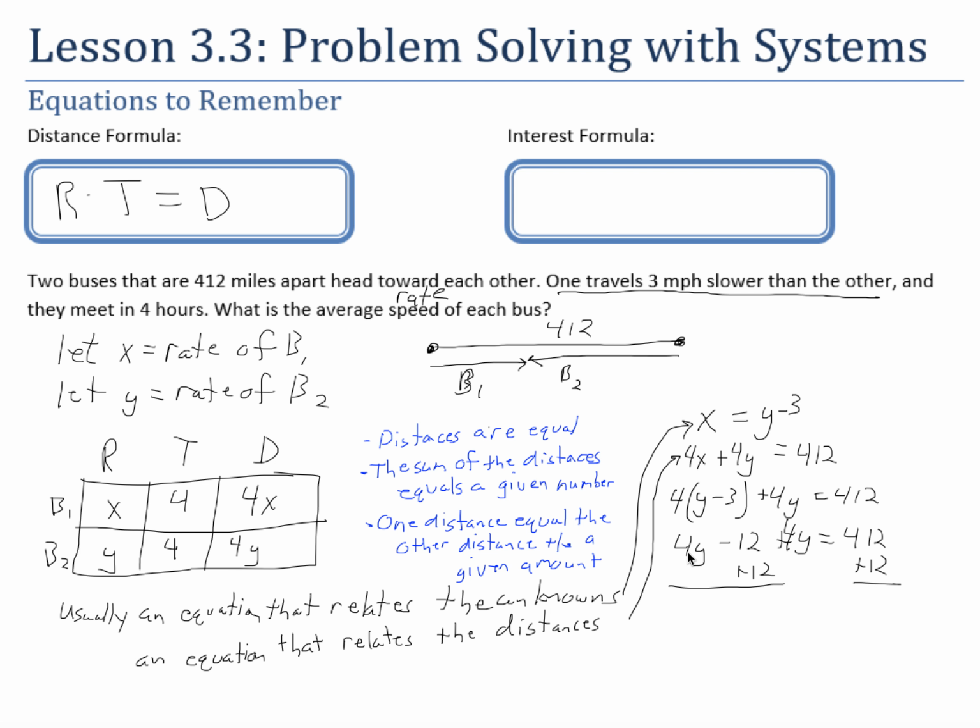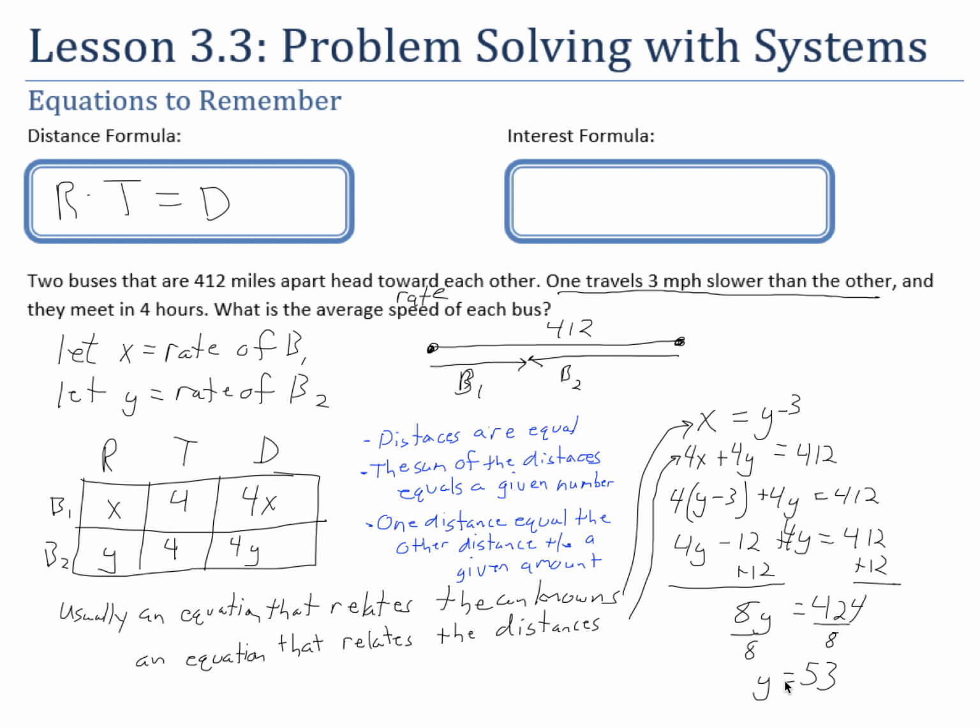Doing a couple things at once here because I'm adding 12 to both sides, and then 4y plus 4y is 8y. So 8y equals 424. Divide both sides by 8. And if you divide 424 by 8, we get 53.